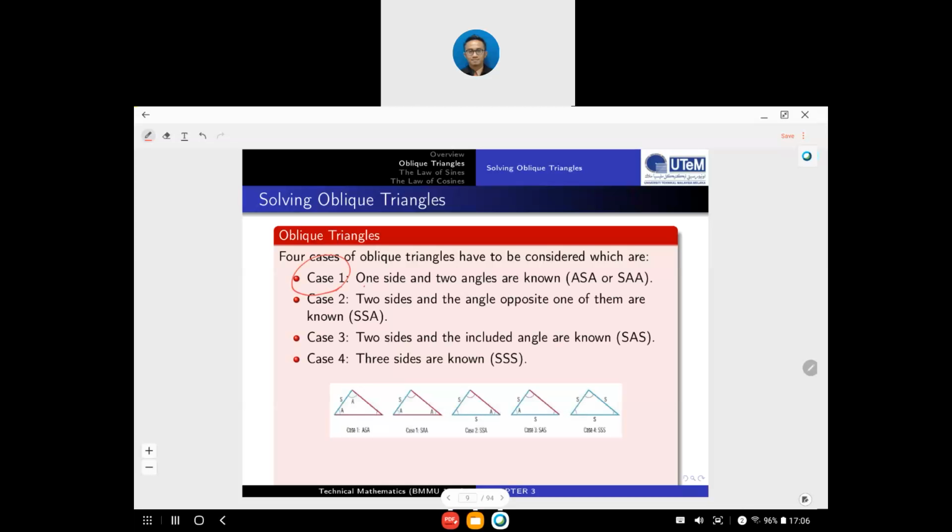Case two: when you know two sides and one angle opposite one of the sides. Case three: when you know two sides and the included angle. And case four: three sides are known.